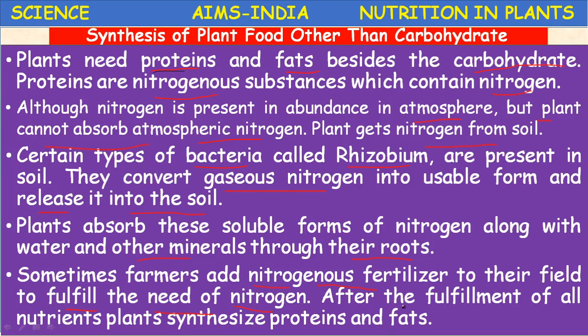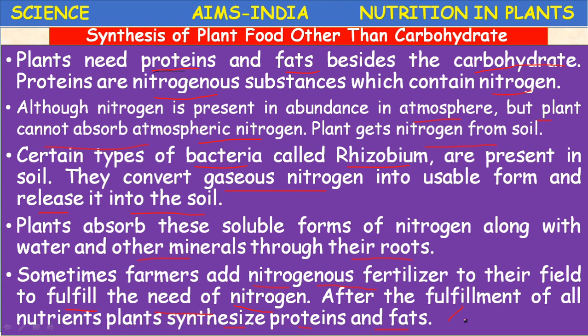After the fulfillment of all nutrients, the plant synthesizes proteins and fats. So this is the concept. So we have concluded that in photosynthesis only carbohydrates form, but plants also need proteins and fats.